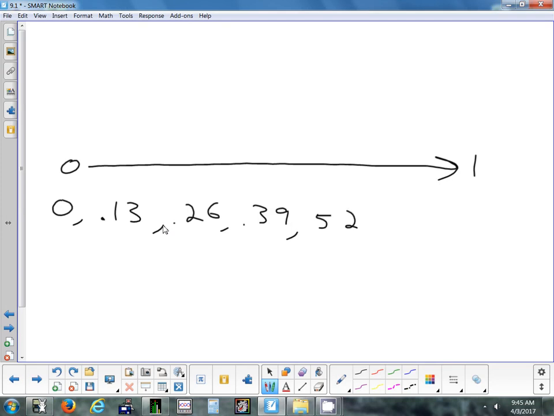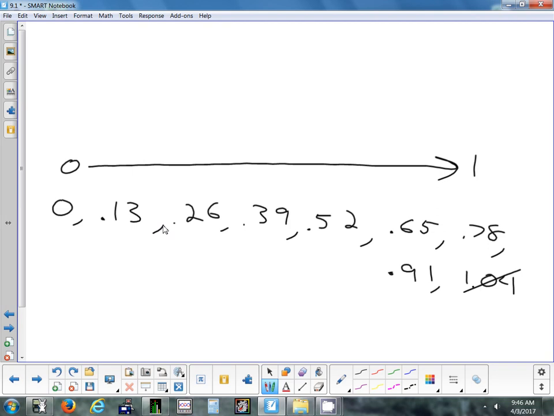Yep, so we got 0.52, and then 0.65, 0.78, 0.91, and what would be the next one after that? Well, going by our step, which is 0.13. No, it won't do any more, because what would the next one be?